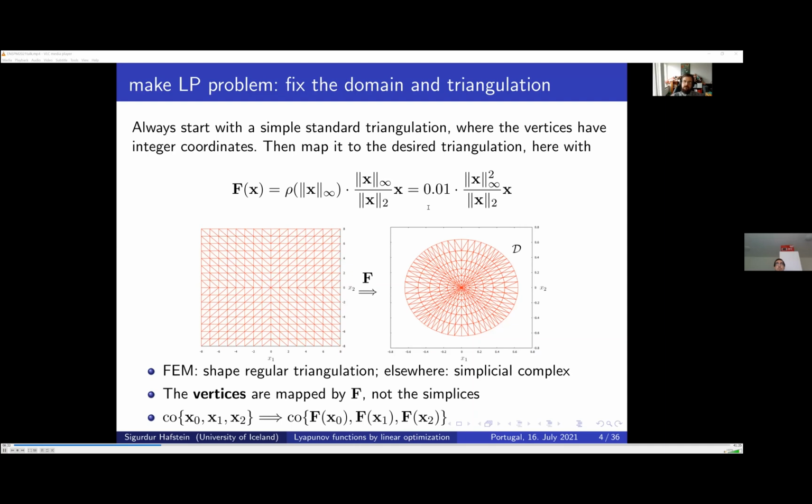So this rho is just a scaling factor, so it's constant, times the infinity norm of x, and then we have this factor, the infinity norm of x divided by the Euclidean norm of x, times x. This triangulation has to be shape regular, as it is called in finite element methods. In many other places, it's called a simplicial complex. So it basically means that two simplices intersect in a common face if they intersect at all.